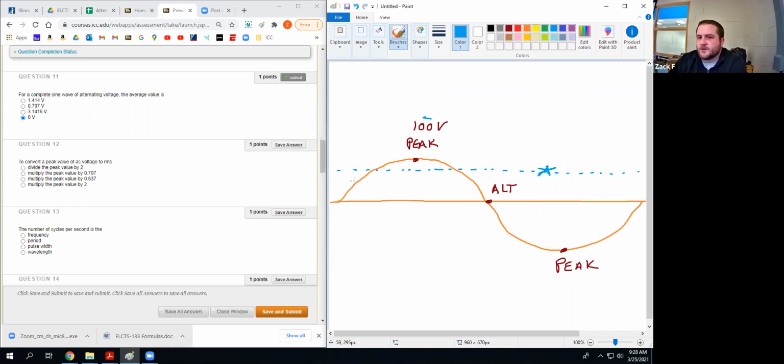The answer is it's not an average, okay? Well, it is an average, but this magical 0.707 number is actually a percentage. So about 70% of peak.